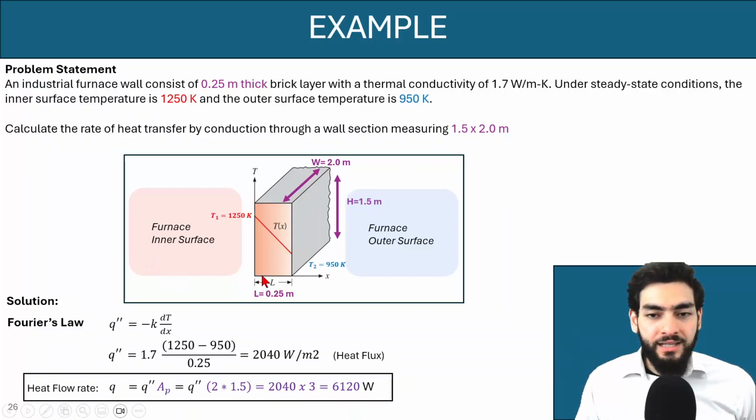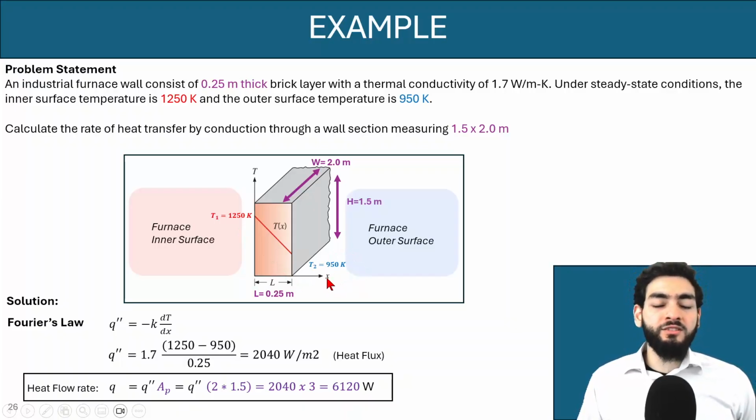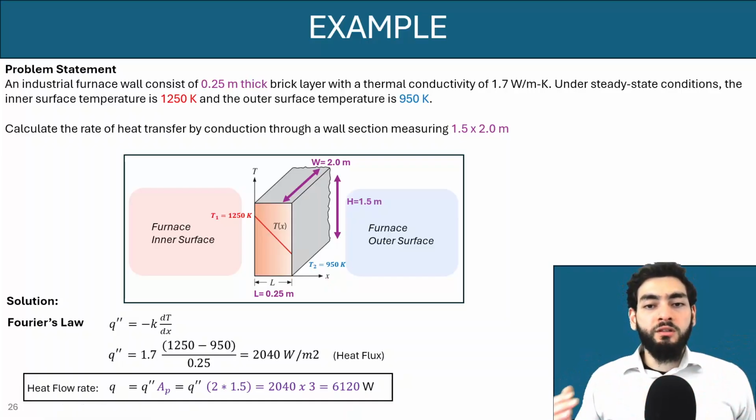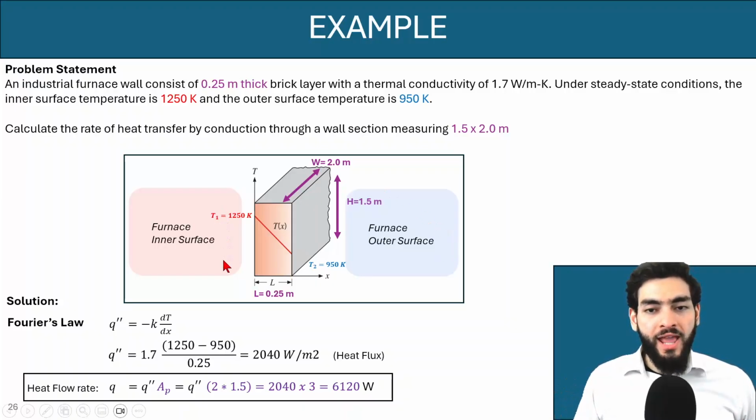For instance, in this scenario, we are dealing with a temperature range between 1250 Kelvin and 950 Kelvin. Because the temperature range is not too far apart, you could look at an average temperature and find the thermal conductivity at the average temperature between the 1250 kelvins and the 950 kelvins.